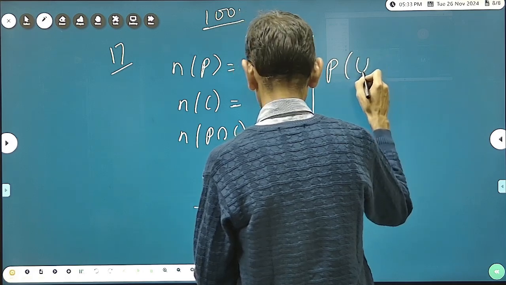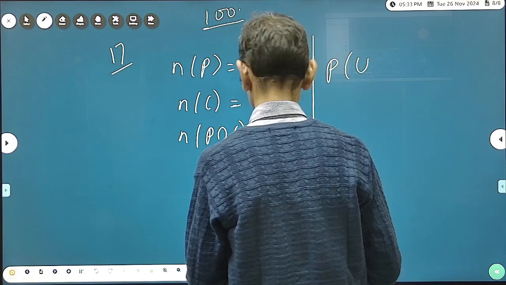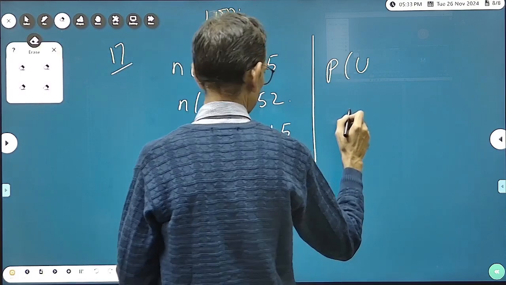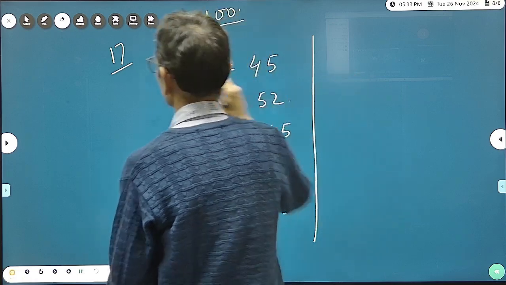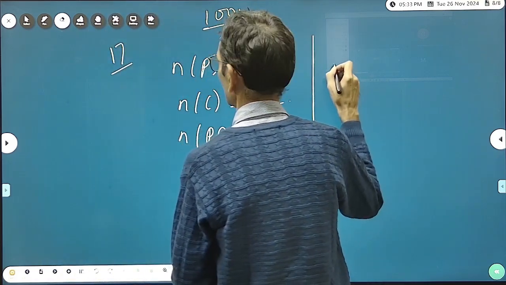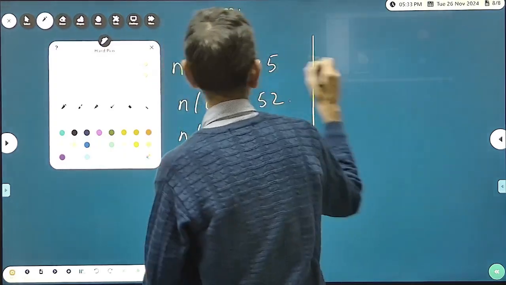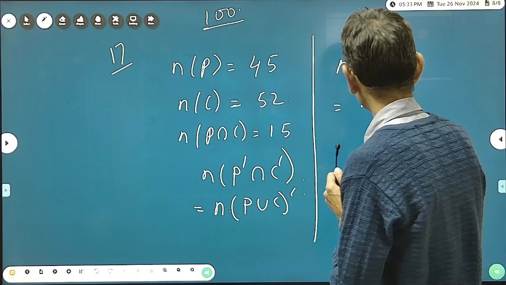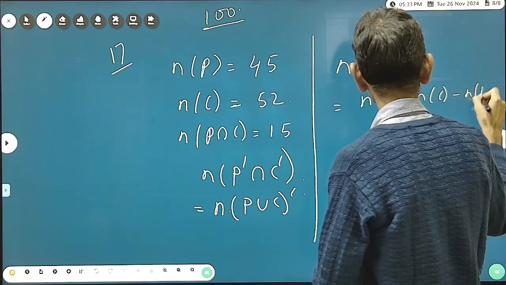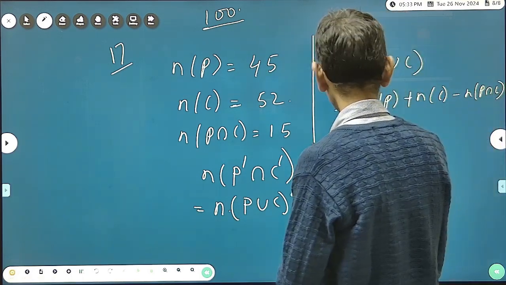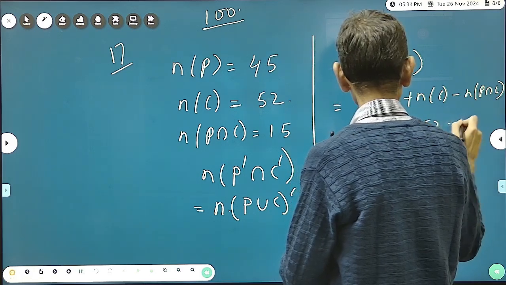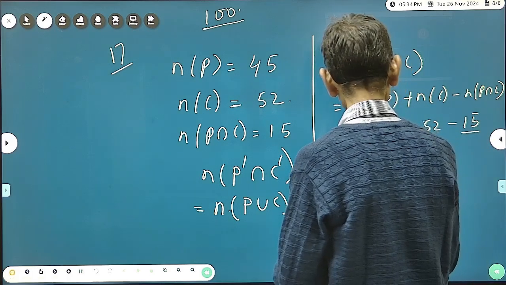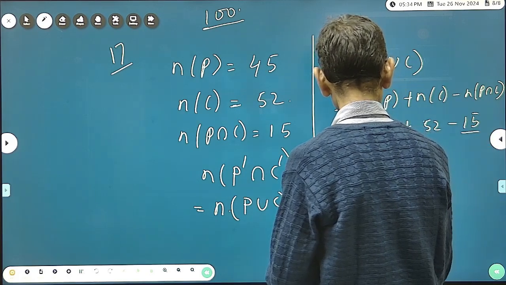N of P union C. We'll be using the addition formula: n of P plus n of C minus n of P intersection C. n of P is 45, n of C is 52, and the intersection is 15, right? 45 minus 15 is 30, plus 52 is equal to 82.